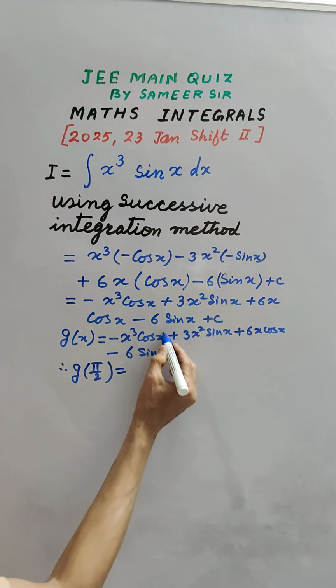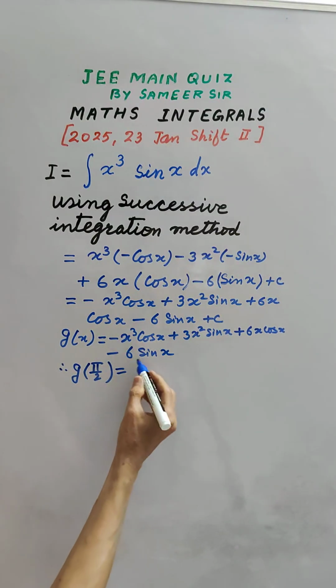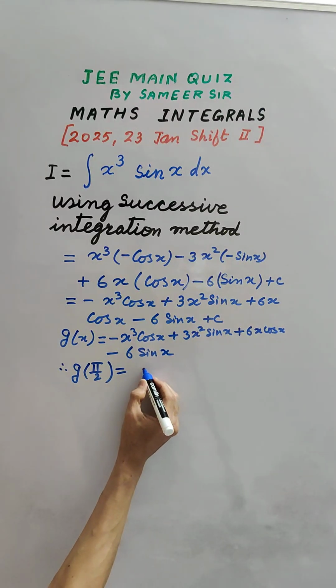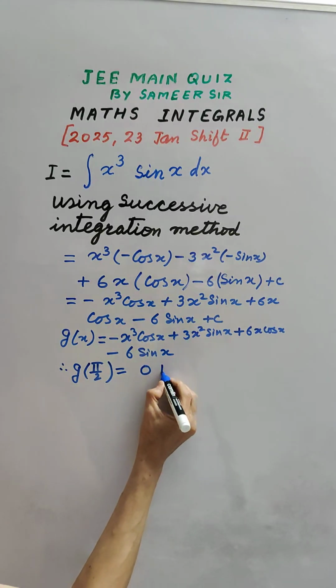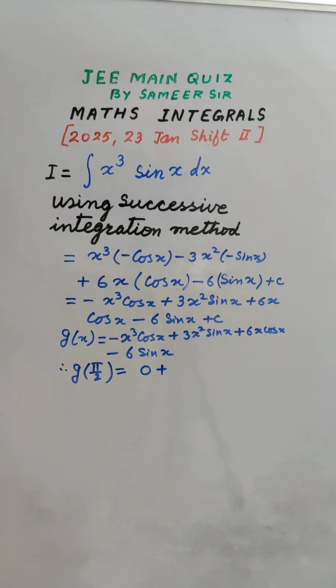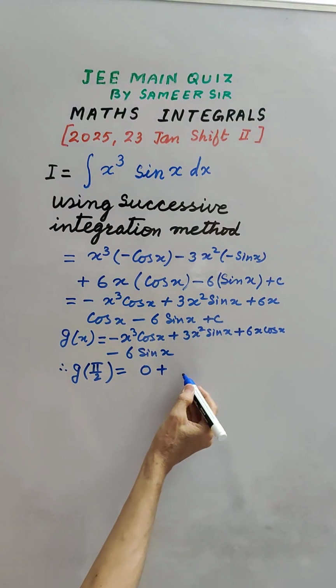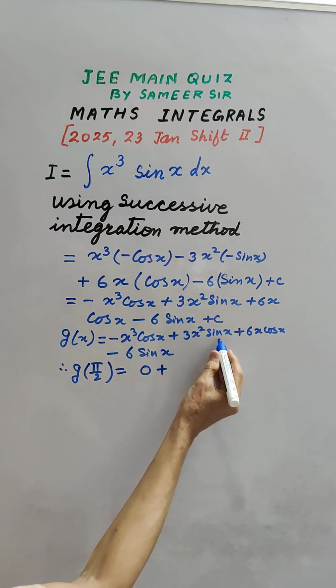For pi upon 2 this whole will become 0. Plus, as you know, cos 90 degree, cos pi upon 2 is 0. So x cube will be 0. And for this sin x, pi upon 2, it will be 1.